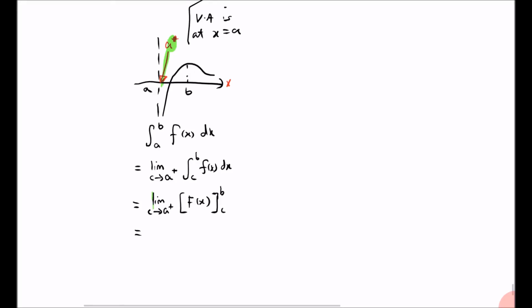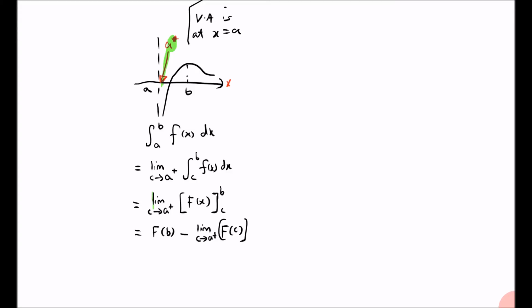Now then we use our limit, c approaches a plus, capital F(b). Now F(b) will not involve c, so we just write capital F(b) minus limit c approaches a plus F(c).